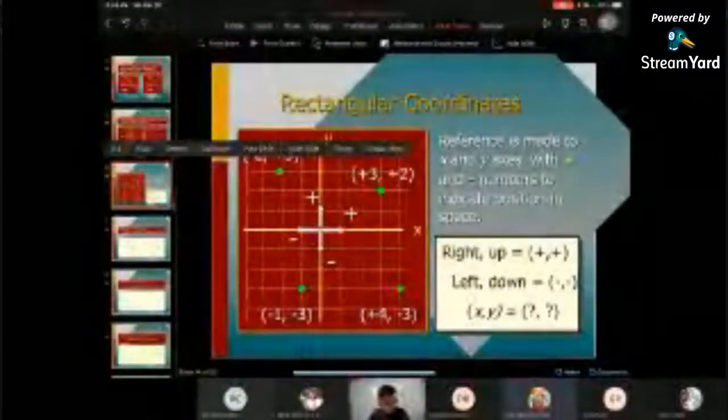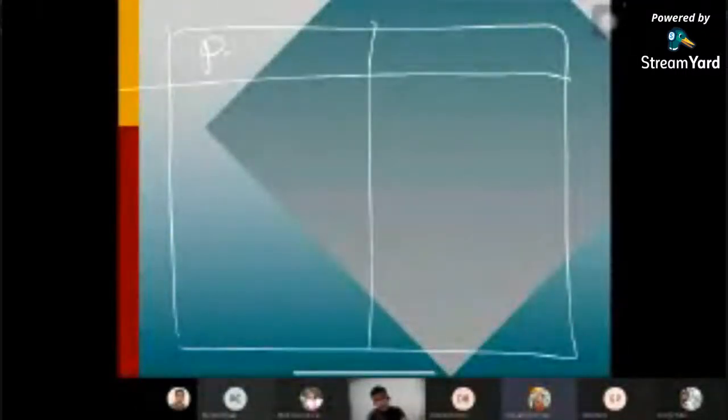So, okay, tayo. So, let's try to convert the following. What if we have the following example? So, we have to convert polar to directional and vice versa.